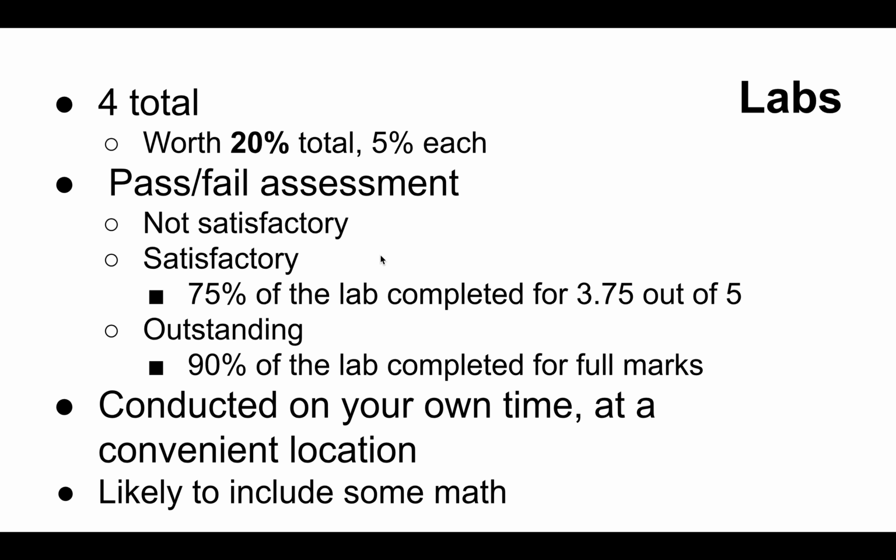Satisfactory assessments will be awarded to any submission that meets the requirement for having completed about 75% of the lab successfully. And 75% of the lab successfully translates to a 75% grade, so you'd get a grade of 3.75 out of 5 on that.